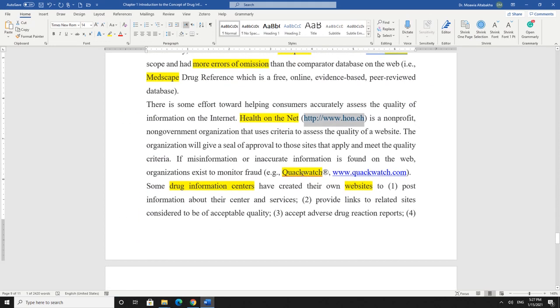Another website is called Quack Watch. On many websites, or on the internet, you find misleading information.